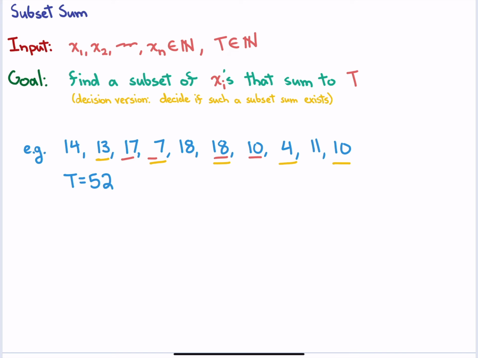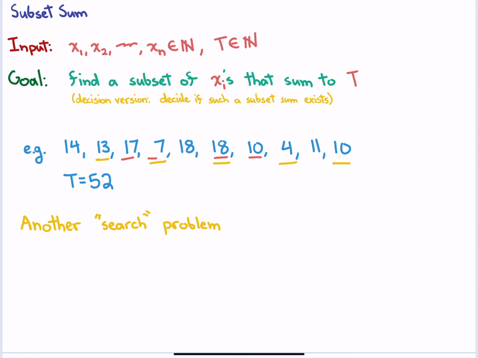All right, so this probably didn't seem that tough. But you had to stare at it a little bit, right? And try to remember how to add up numbers with more than one digit at a time and all that fun stuff. So this is another example of a search problem in the more abstract sense of the word, in the sense that you're looking for a subset that sums to 52.